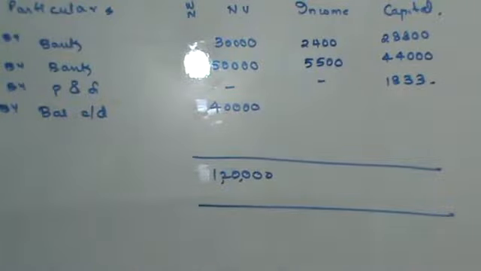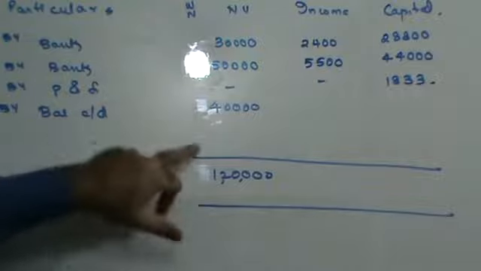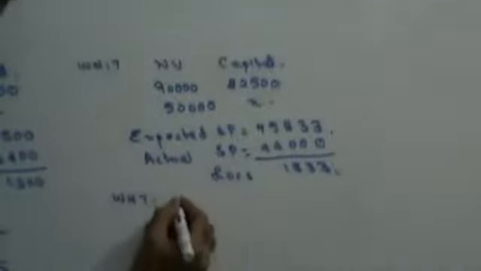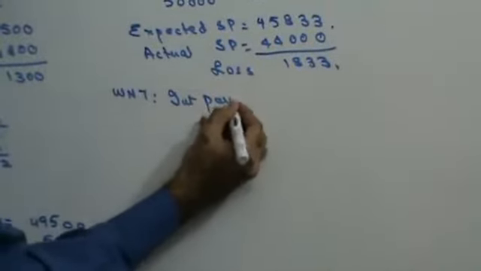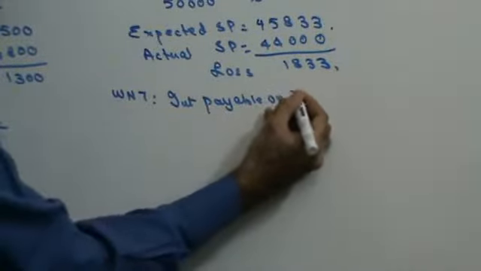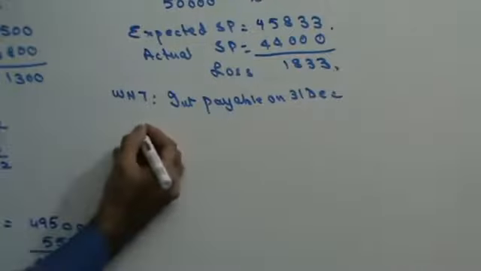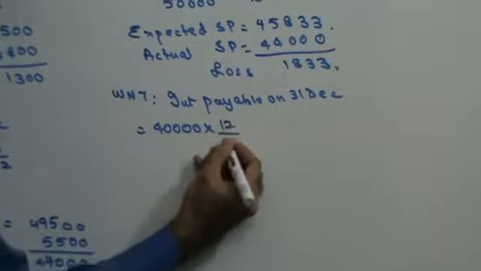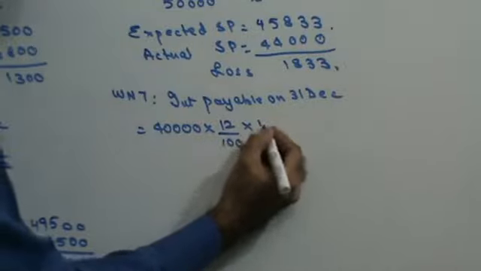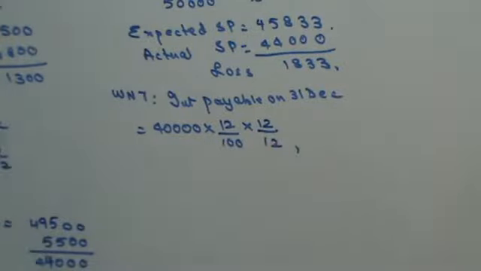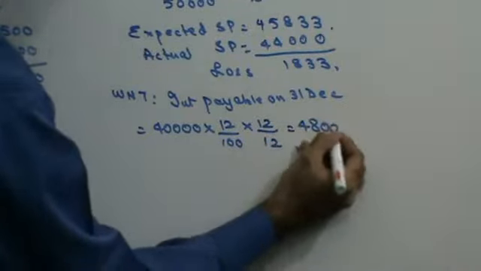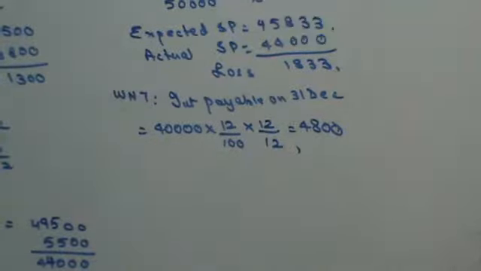Once you have 1,20,000 minus 80,000, balance is 40,000. Let's calculate the interest. Working note 7, interest payable on 31st December: 40,000 into 12% for the whole year, because the last interest that you received was on 31st December. So you have 4,800. This interest is finally going to be paid to you.